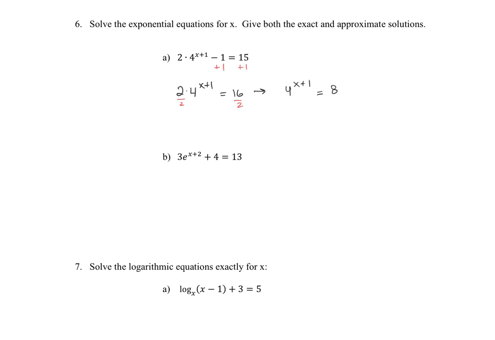Now we can cancel the base on that exponential term using a log base 4. So now x plus 1 is equal to log base 4 of 8. And then we can subtract 1.